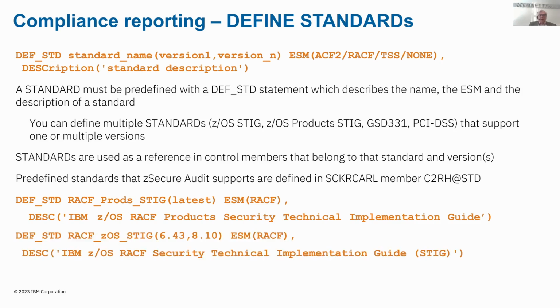And then we have the RACF z/OS stick. So we see the naming of the standards. We now start with the ESM, and then we say prods or z/OS, and then stick. And then we support 6.43 and 8.10 in this SSE, which will ship those two levels.